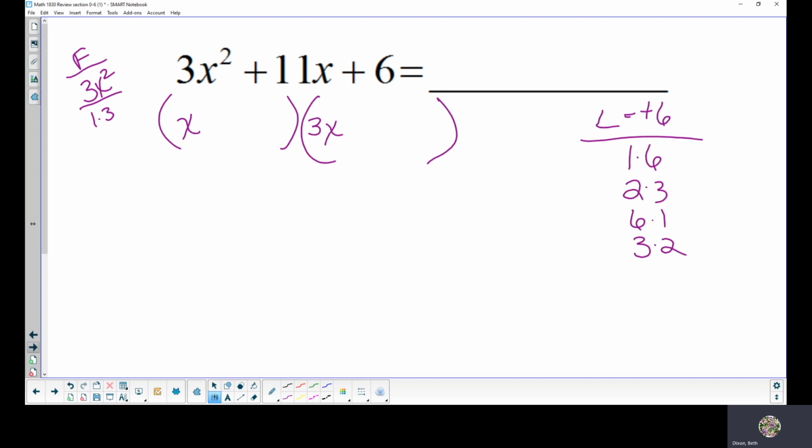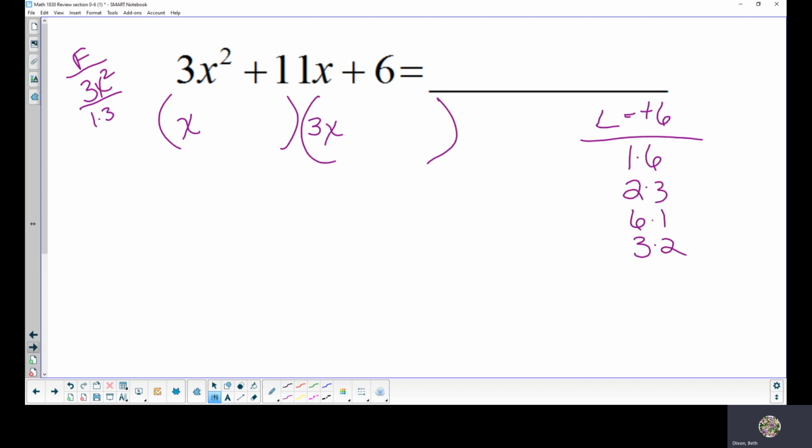Then I'm going to tell you a secret. Math teachers are predictable. And when math teachers are predictable, we tend to make our answers of numbers that are closer together than they are further apart when we factor. And by that, I mean 2 and 3 are closer on the number line than 1 and 6.